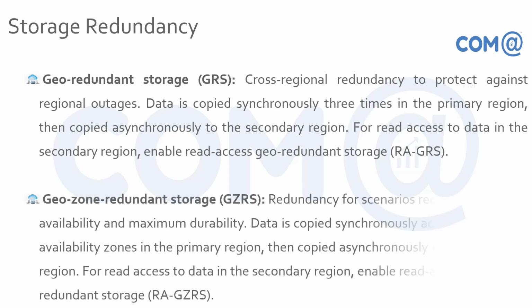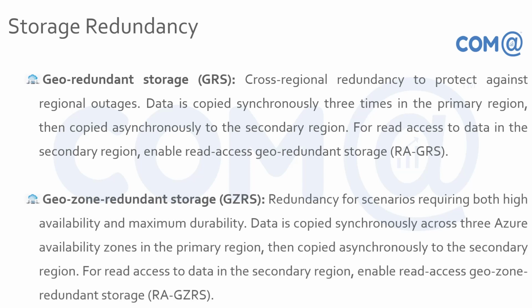And the geo-redundant storage provides cross-regional redundancy to protect against regional outages. Data is copied synchronously three times in the primary region, then copied asynchronously to the secondary region. For read access to the data in the secondary region, enable read access geo-redundant storage.